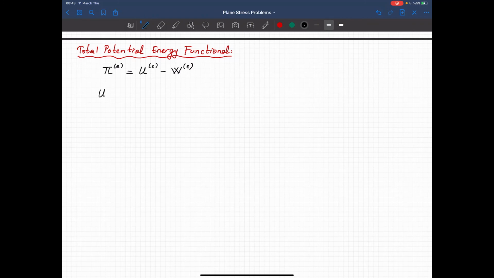So the internal strain energy, we can start from the very general equation, integrated over the volume, 1/2 stress at an infinitesimal element multiplied by the strain on an infinitesimal element, integrated over the volume.